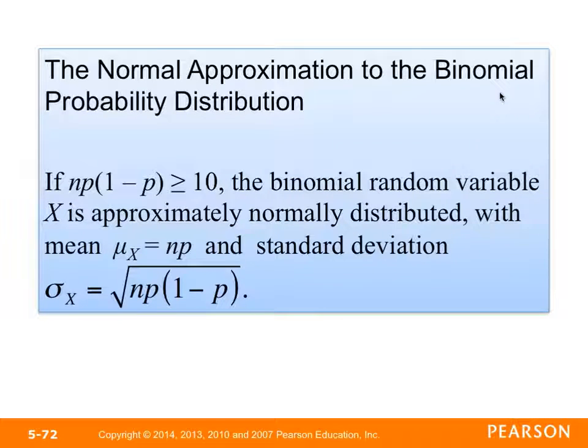This is the actual statement of the normal approximation to the binomial. If n times p times 1 minus p is at least 10, the binomial random variable x is approximately normally distributed with a mean of n times p, so you take your number of observations times your probability of success, and the standard deviation is given as the square root of n times p times 1 minus p.